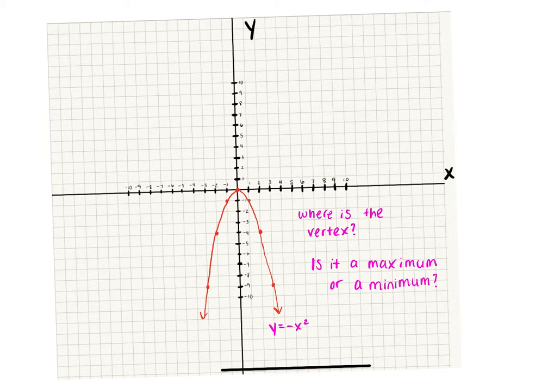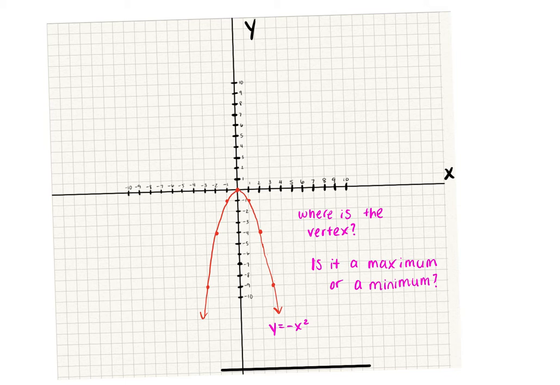Do we have a minimum value? We don't. Why don't we have a minimum value, Victoria? Yeah, it's going down forever. We're never going to hit rock bottom. It's just going to keep going down, down, down.